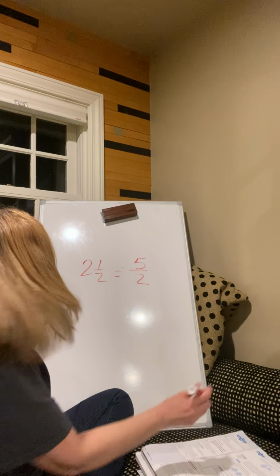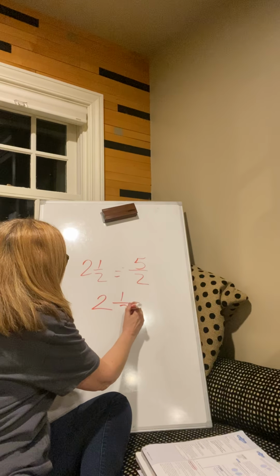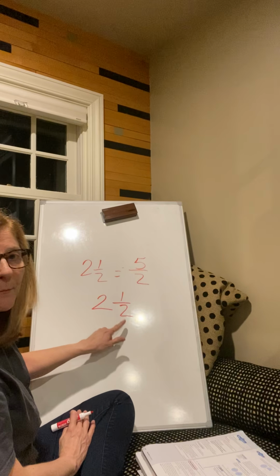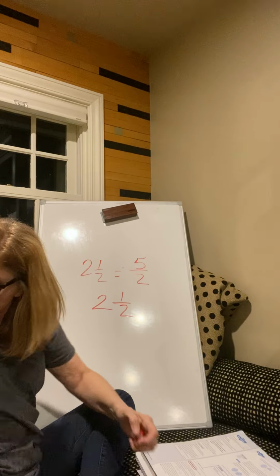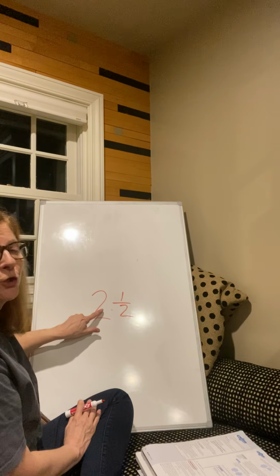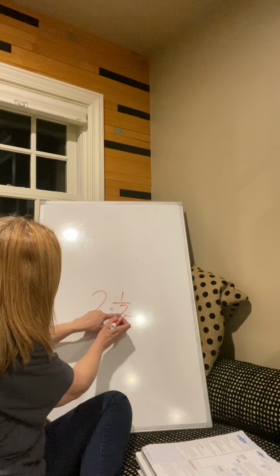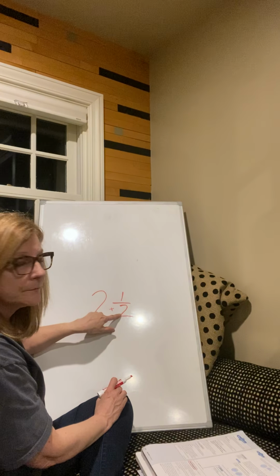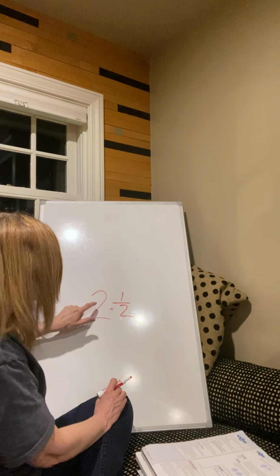Here's a little trick. If you have 2 1/2, whole number and a fraction, take your whole number and multiply it by your denominator. What is 2 times 2?